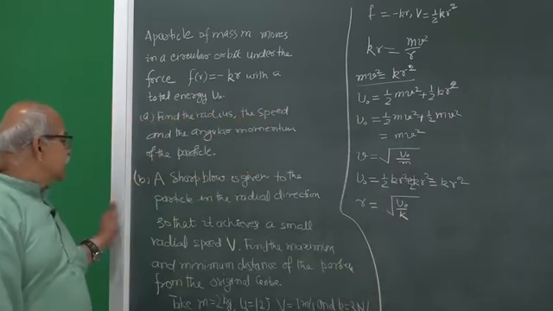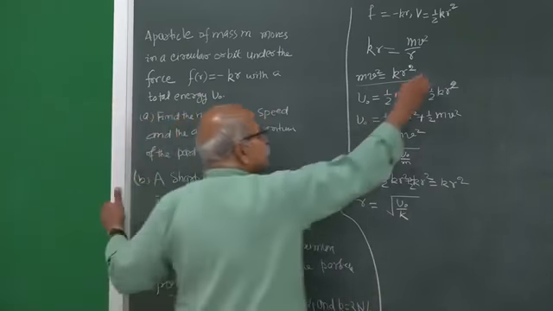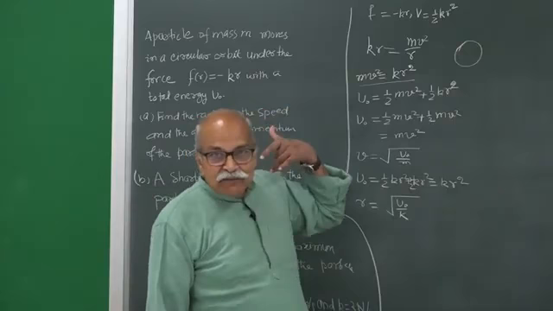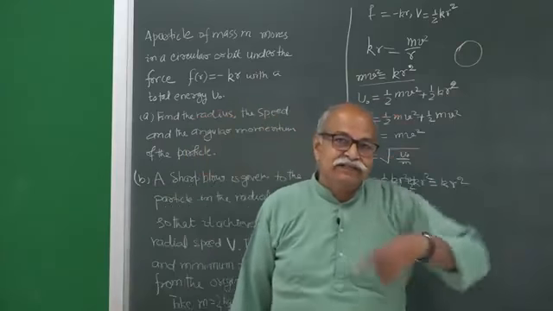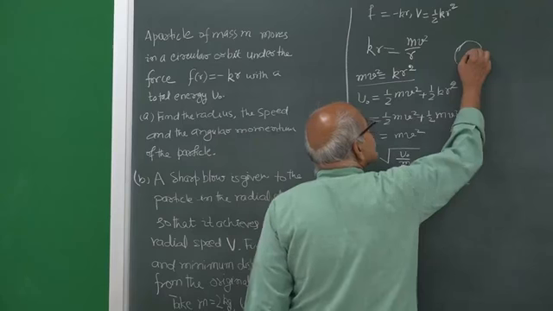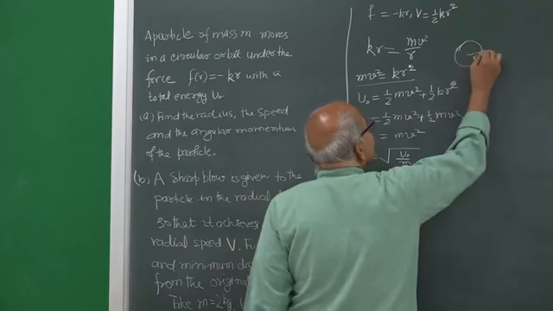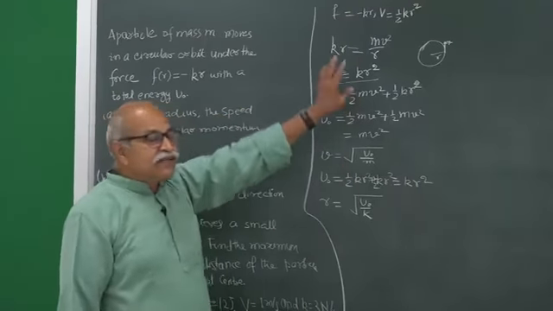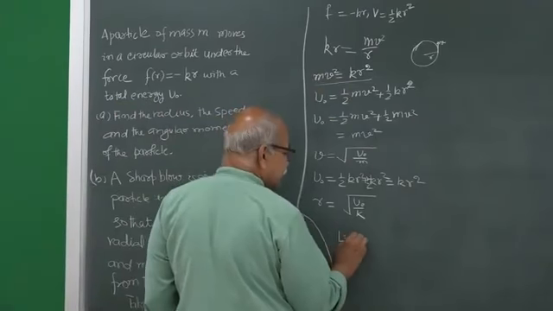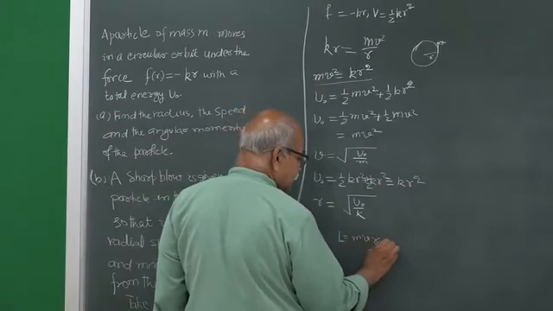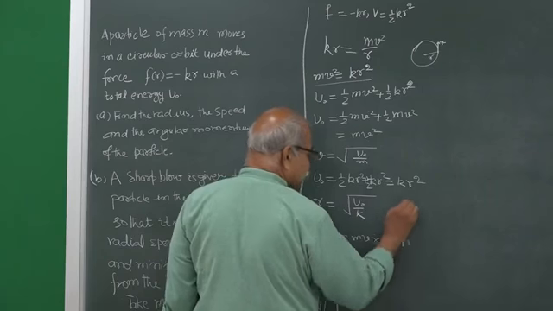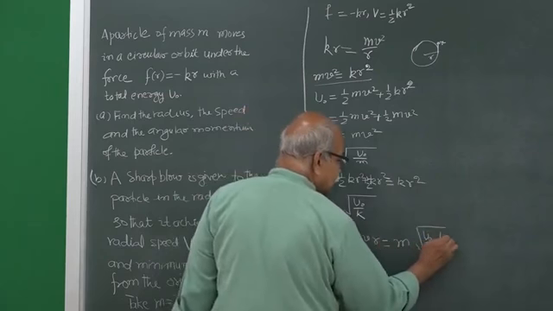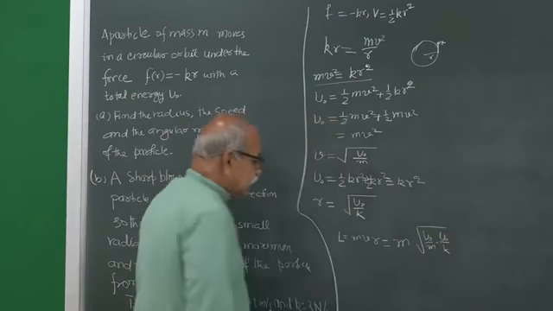So, that is the radius, and angular momentum, if it is going in a circle, obviously means angular momentum about the center of this circle. If this is the circle, this is the radius and this is the velocity, going in a circle the velocity has to be in the tangential direction, and therefore L will be just m times v times r, that is m into v into r.